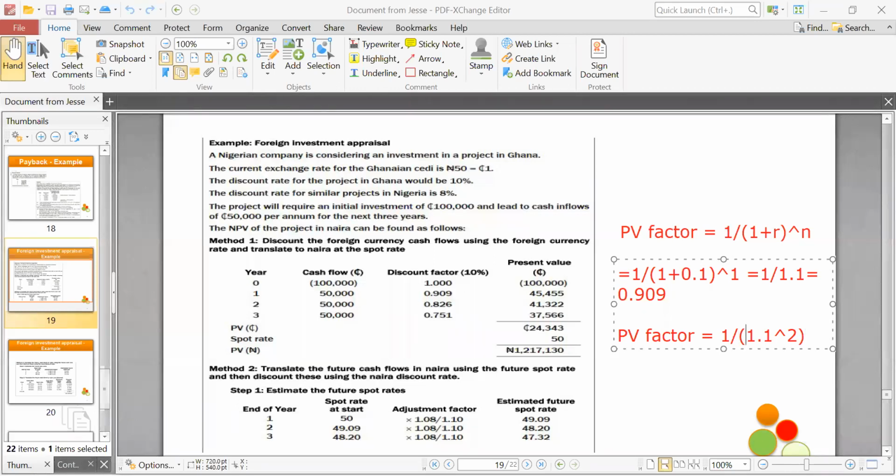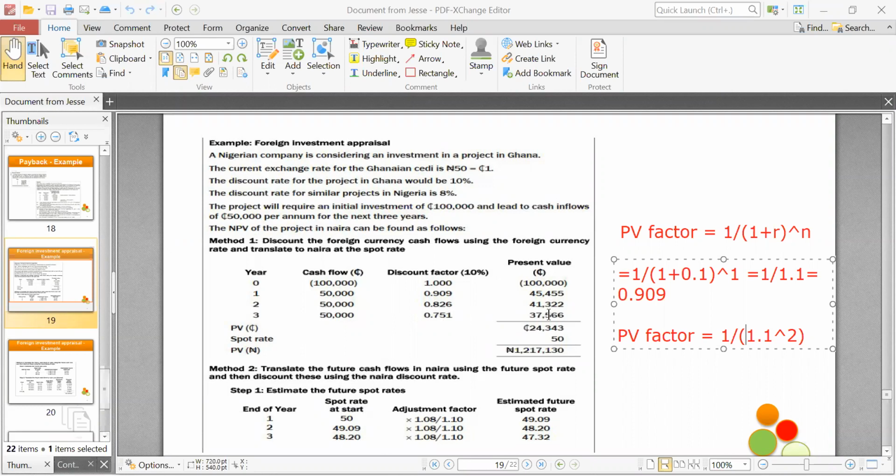And that should give you 0.826. If you multiply that, you get 41,000. Now you move on to year 3, you have 50,000. Same process times 0.751, you get this.